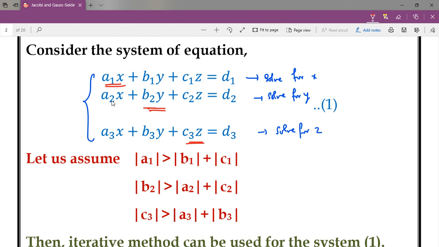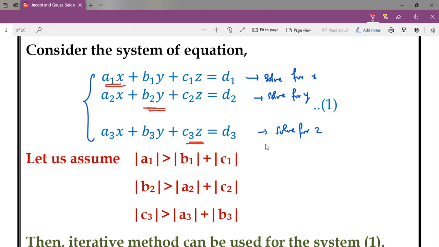So now we have the system a1x plus b1y plus c1z equal to d1, a2x plus b2y plus c2z equal to d2, and a3x plus b3y plus c3z equal to d3. Let us assume that this system is solvable if the absolute value of a1 is greater than the absolute value of b1 and c1. So this is diagonally dominant.